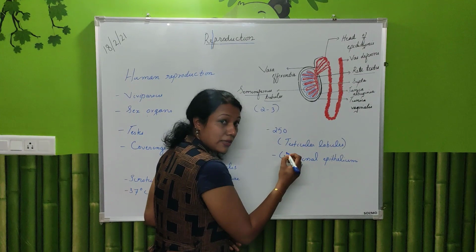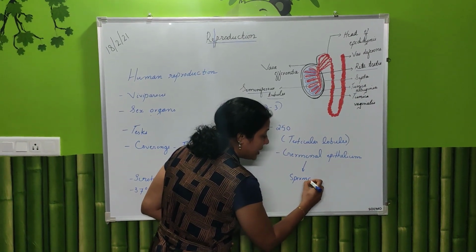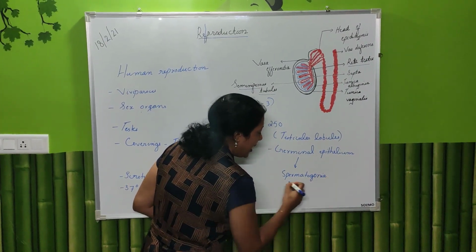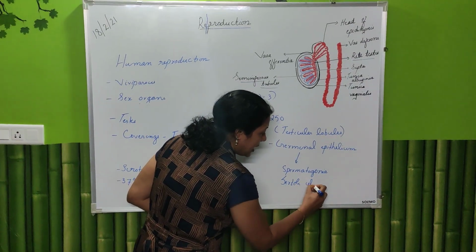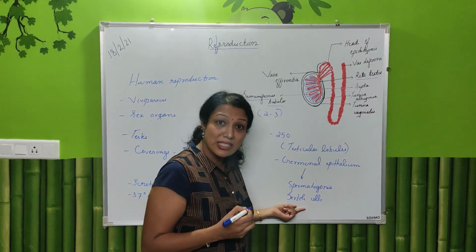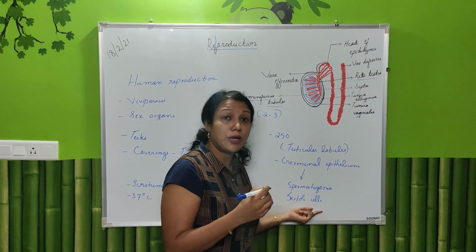The cuboidal cells, we have spermatogonia. They are the sperm mother cells. And we have one more cell, Sertoli cells. They are the large cells. They are called the nurse cells. They give nourishment to the developing sperms.